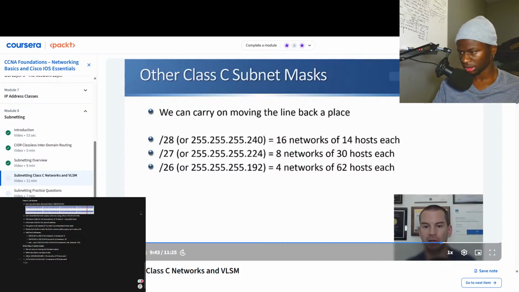For 16, so will that be 240 minus 16? Okay, 224 minus 16. Yeah, that is it. I don't know why I had to pull up the calculator, but 224 minus 16 is 208.